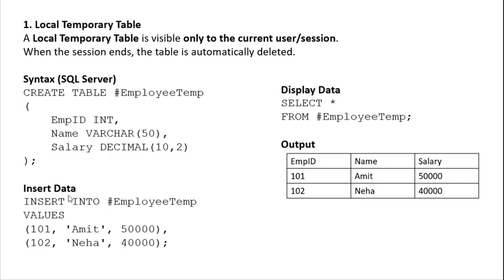Then insert the data, so use INSERT INTO, the table name, and VALUES, and inside give values like the ID 101, comma, the name in single quotes, Amit, comma, and the salary like 50,000, then close the bracket, comma, and add another record of an employee, and after that a semicolon.